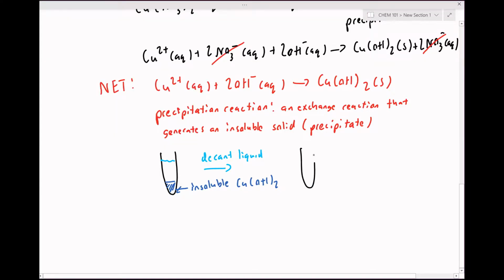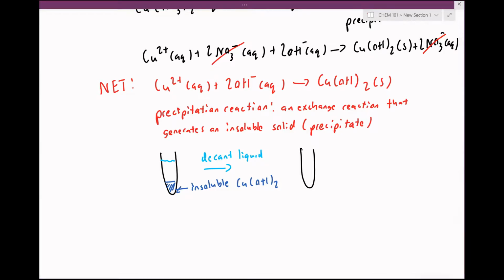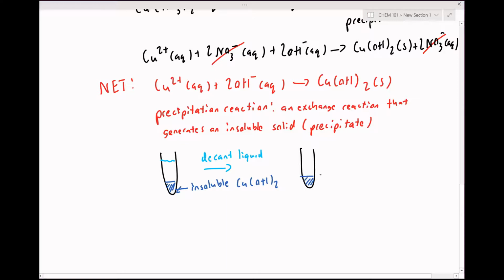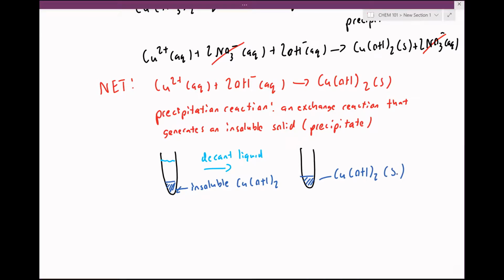And after decanting our liquid, we are left with a test tube containing primarily copper hydroxide. Okay, now from here, we can further process this solid sample to generate a metal oxide.